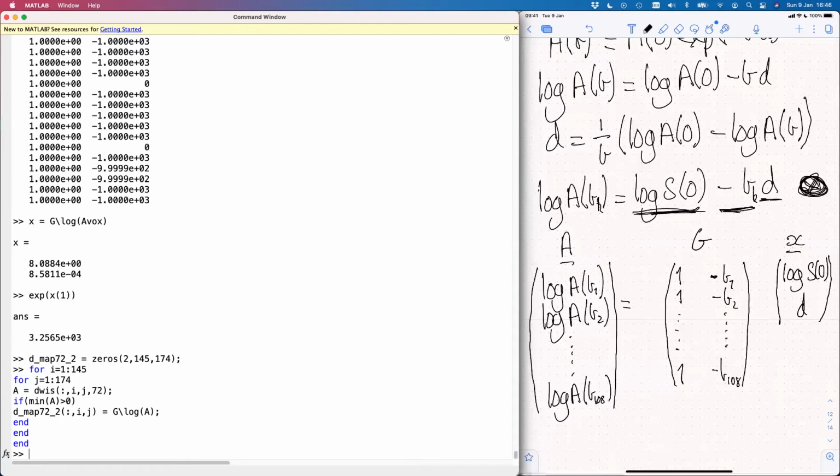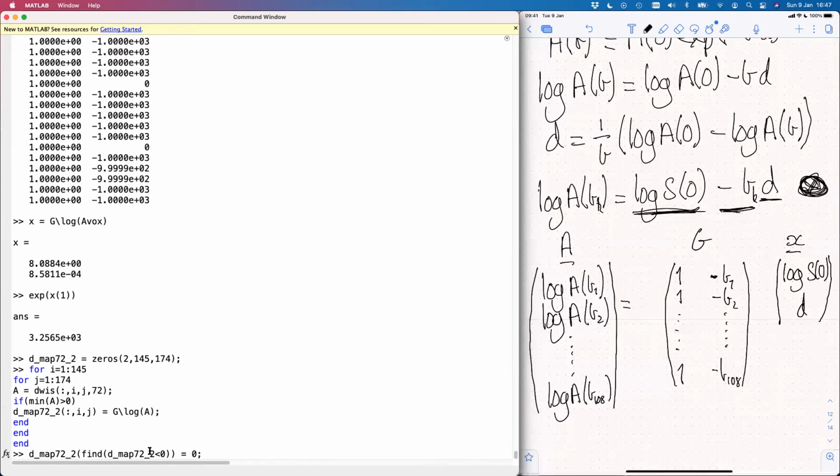We might still get some negative values of diffusivity, so I think I might just remove those before we look at it. And set those equal to 0.